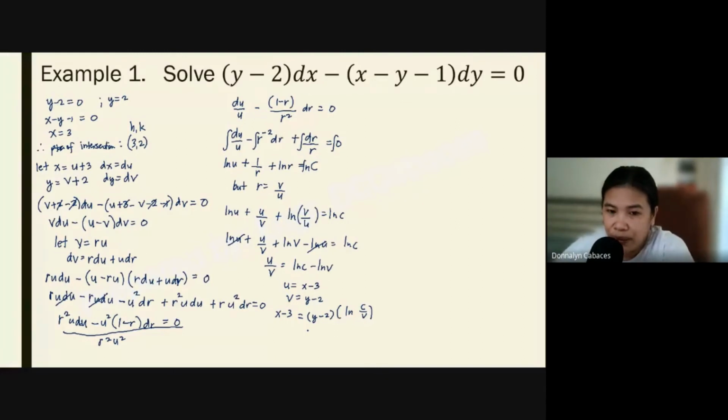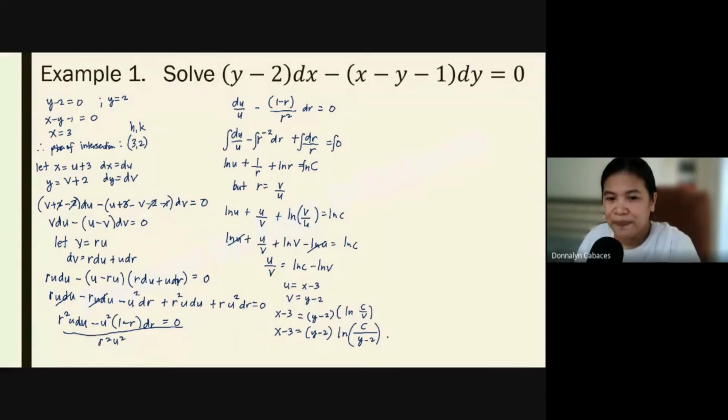Wait, the v. Sorry, I forgot to replace v. So that is x minus 3 is equal to the quantity y minus 2 times ln of c over y minus 2. Okay?